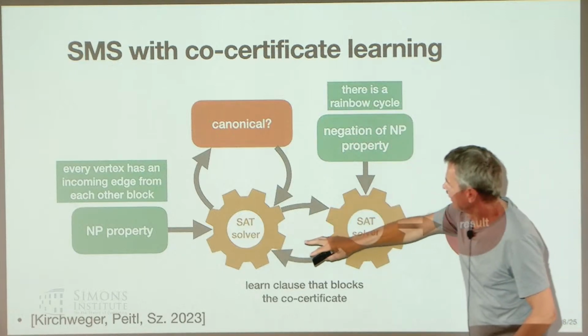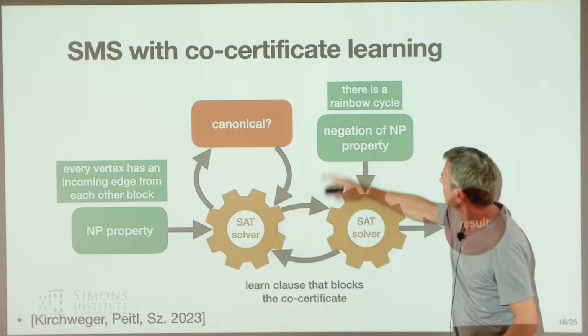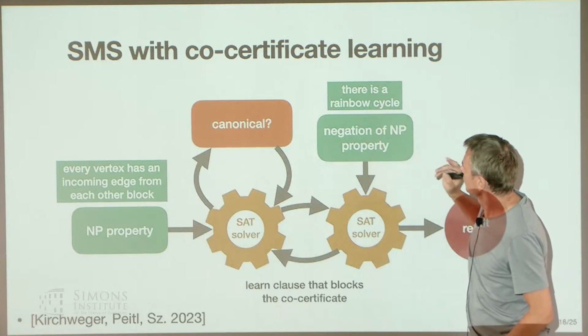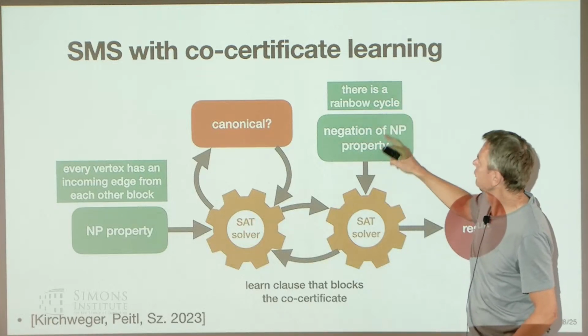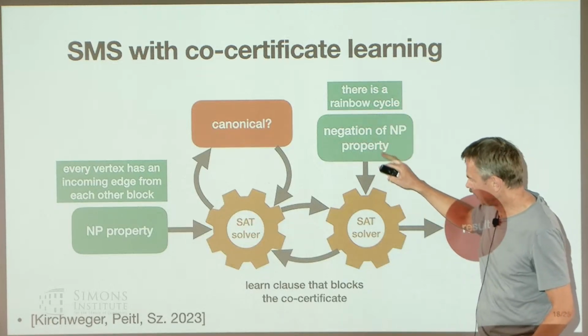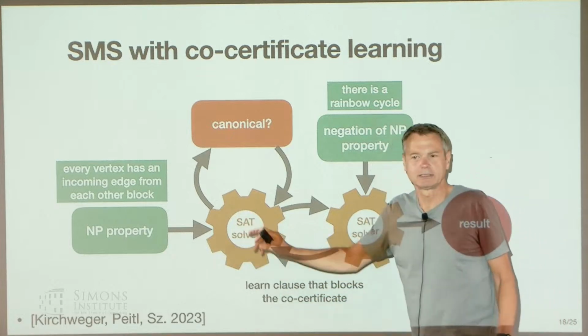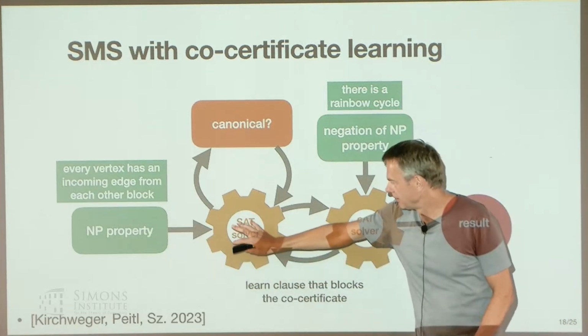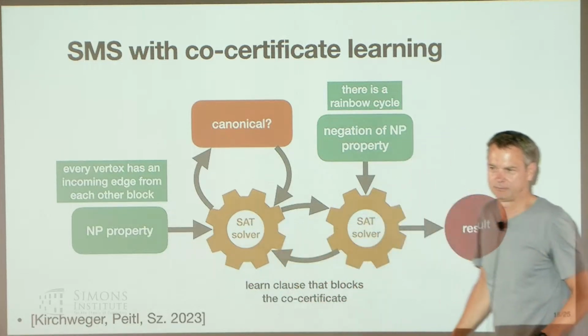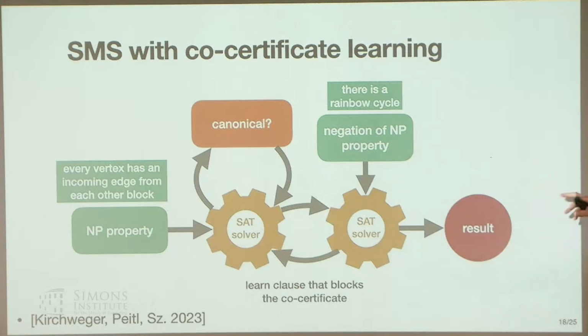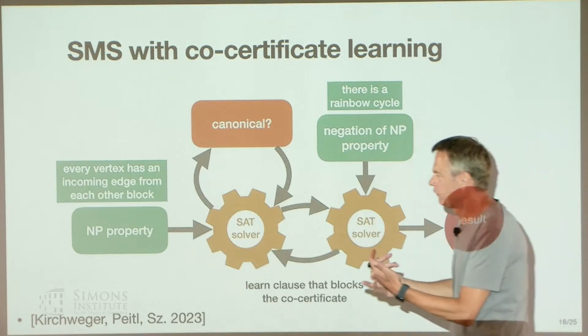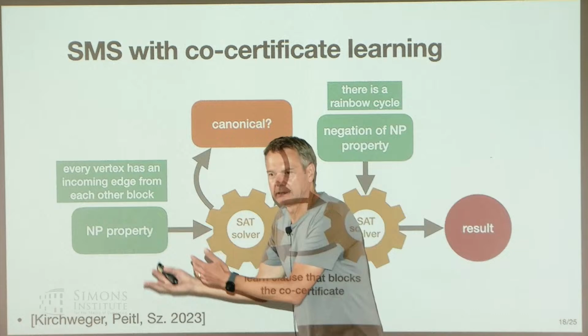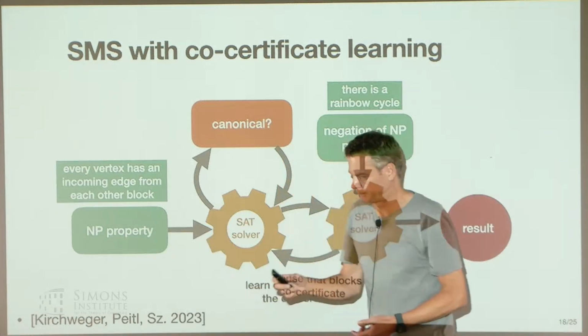Whenever we get a solution here, we call this other subsolver which looks for a rainbow cycle. And if it finds one, it learns a clause and sends it back to the main subsolver. This is called co-certificate learning, and we have already used this in other contexts, because many problems people are interested in have this combination of an NP property together with a co-NP property.